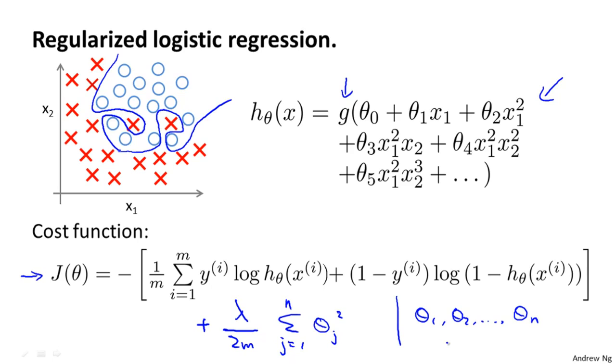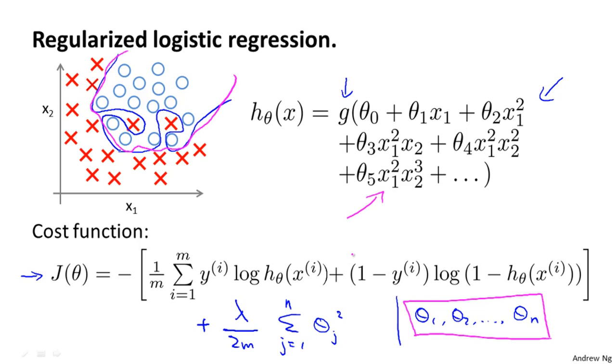And if you do this, even though you're fitting a very high order polynomial with a lot of parameters, so long as you apply regularization and keep the parameters small, you're more likely to get a decision boundary that looks more reasonable for separating out the positive and the negative examples. So when using regularization, even when you have a lot of features, the regularization can help take care of the overfitting problem.